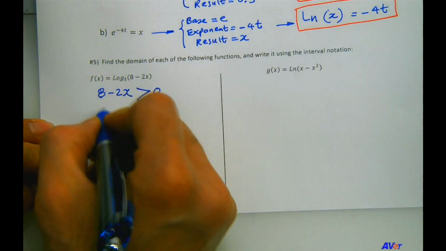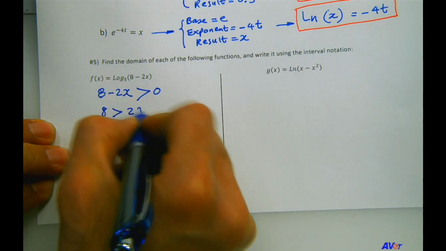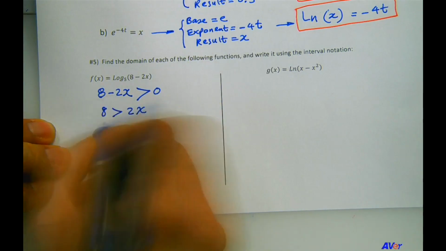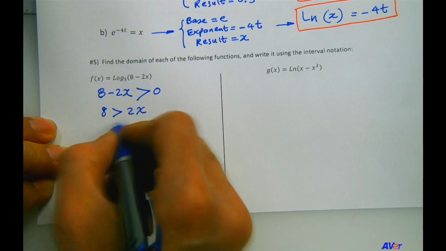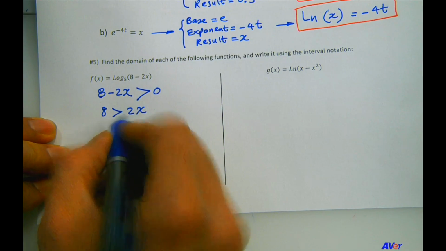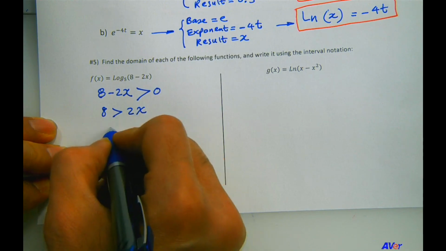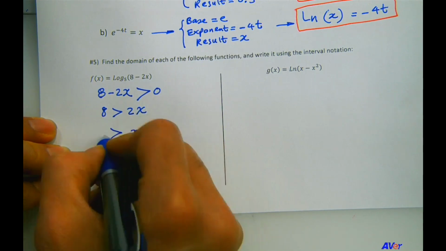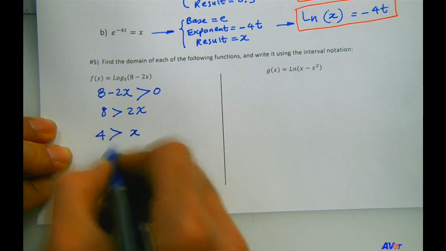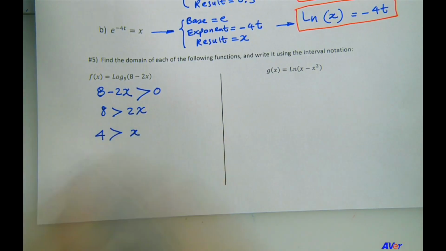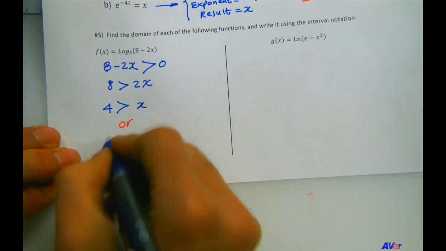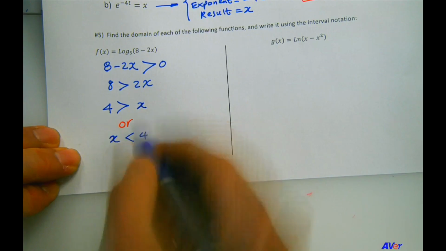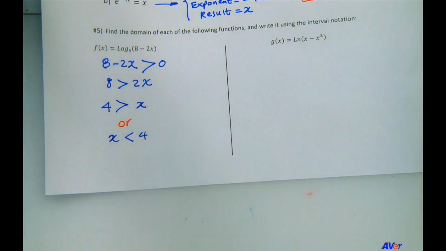So we have 8 greater than 2x, right? Just moving this to the other side and making it positive. And then dividing both sides by 2, which is a positive number, we get 4 greater than x, or x less than 4, just to put the variable on the left side.